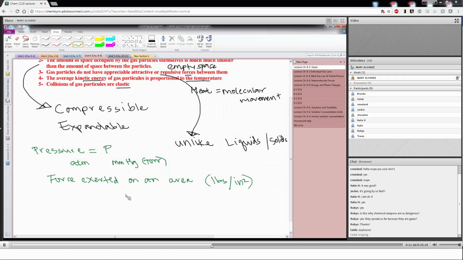If you've ever felt the wind on your face. So here's your face. And again, I'm not a great artist. I'm a chemist, not an artist. So here's you, or me, or whoever. The wind on your face is essentially all these little gas particles, and we can't see them. But these gas particles are moving incredibly fast.